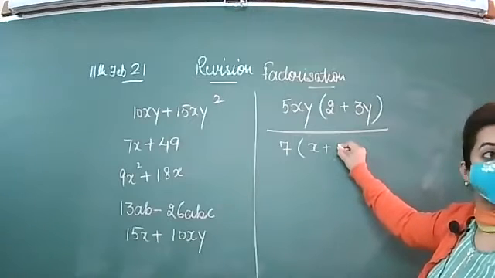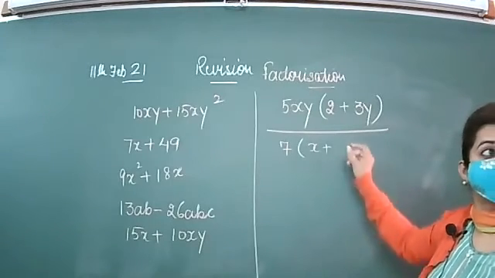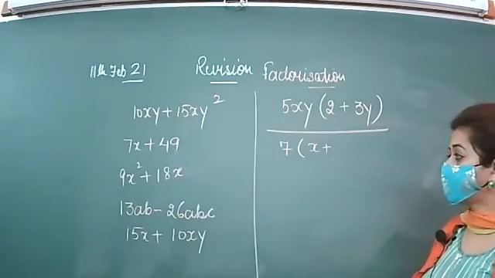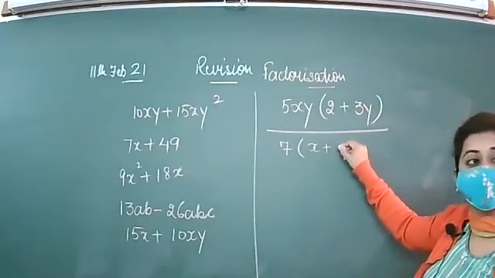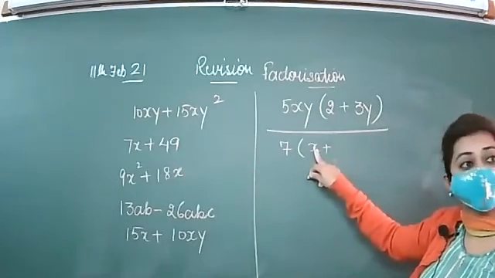Arshita. Jasroop. In the second question, if I have taken 7 common, then what is left inside the bracket? Is this correct? X plus?